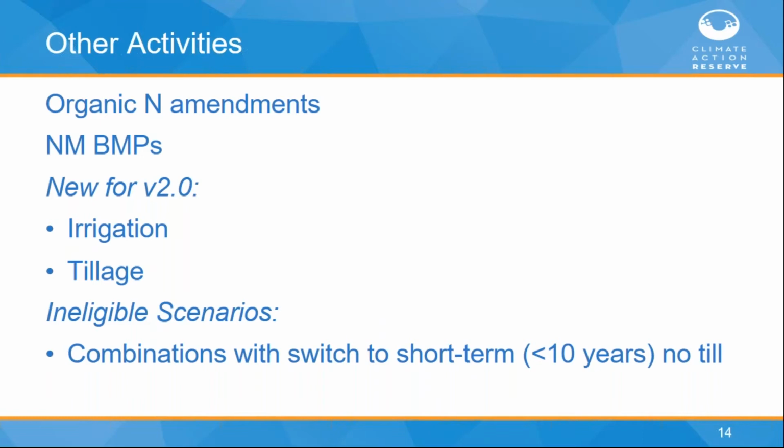Moving along, while those were the eligible activities, crops, and regions, there are other activities that are permissible in the protocol and/or encouraged. For example, organic nitrogen amendments are allowed.